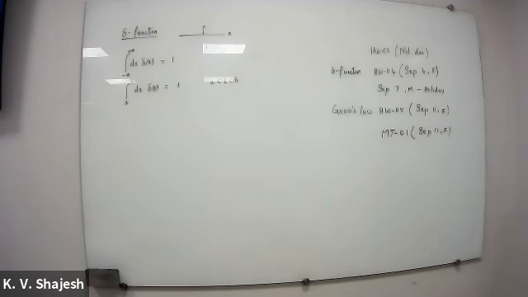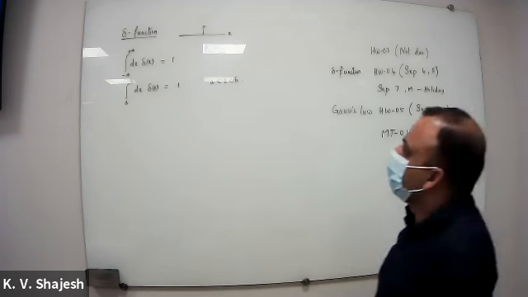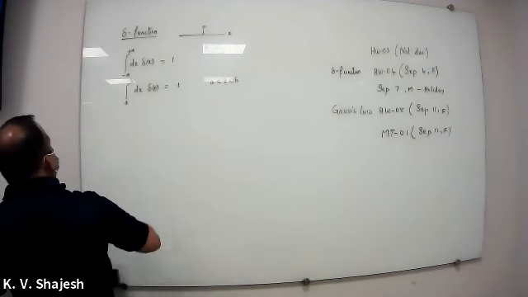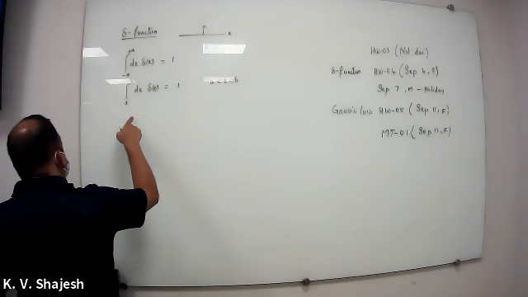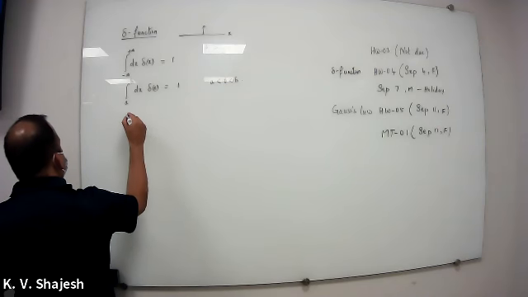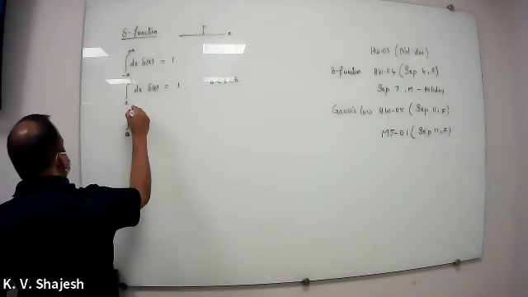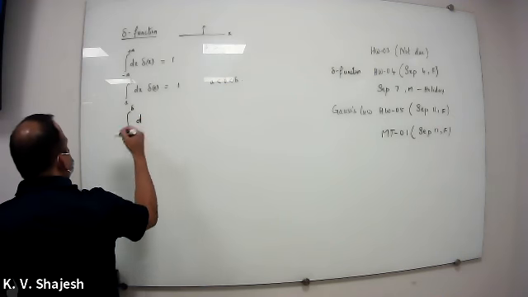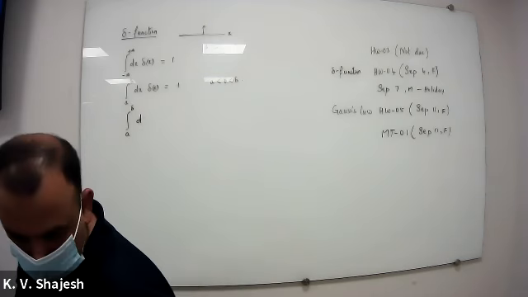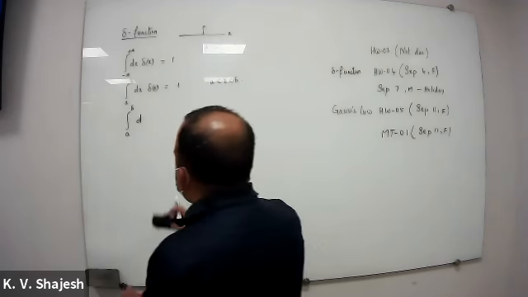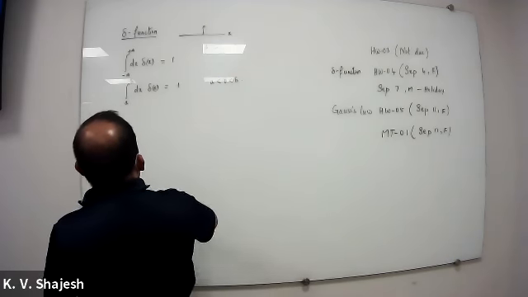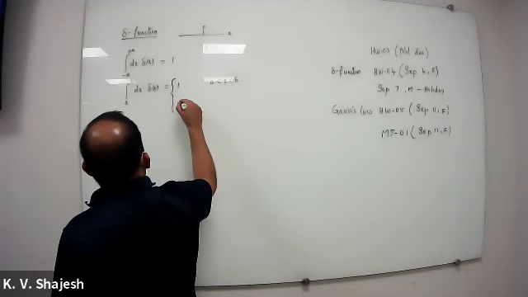Okay, so that's our basic idea of a delta function. And I should also add that this is equal to 0 otherwise.